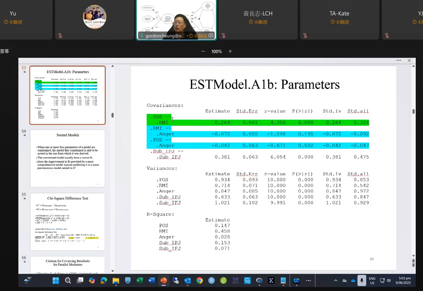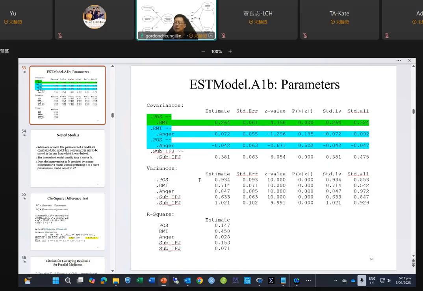Okay, so in a constrained model, we constrain some parameters to zero. In an unconstrained model, we relax some parameters. Whenever you relax a parameter, your model fit must be improved. Well, maybe the same, but it won't get worse.